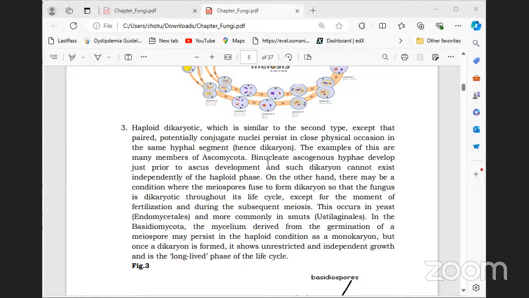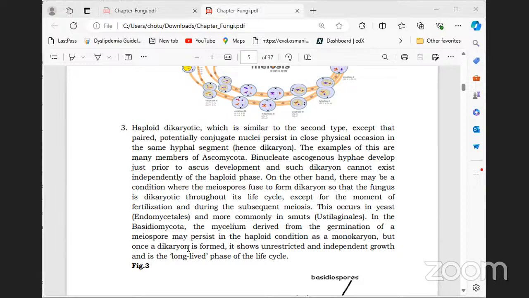There may be a condition where the meiospores, in the dikaryosis, accept fertilization. For example, in yeast this occurs, uninucleate, and it is more commonly seen in smut.